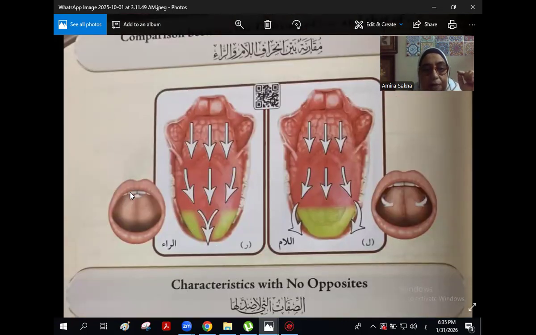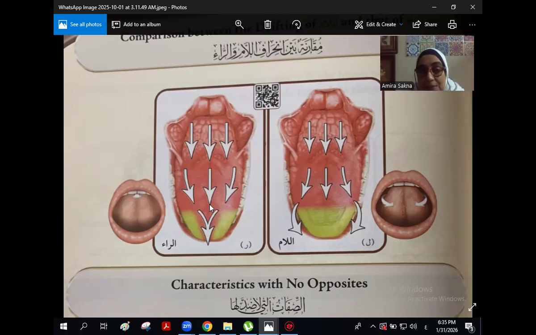Remember that we say that it's the tip of the tongue with the alveolar ridge or the gums, and we said the tip of the tongue will be curved from both sides, from right and left, while the middle will lift free to allow part of the sound, not all the sound, to pass.